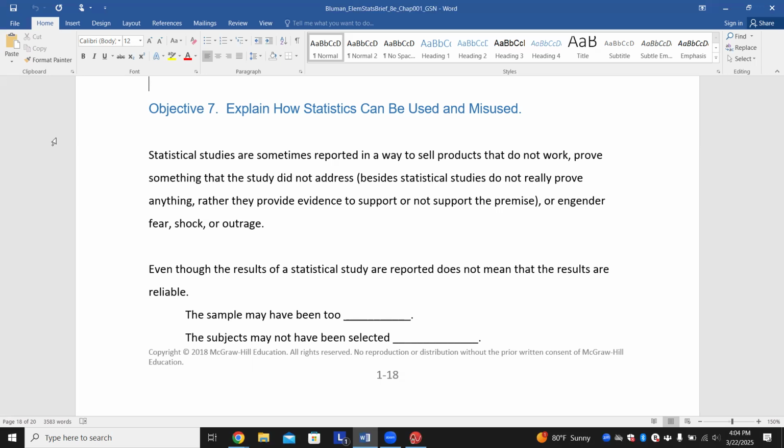All right. So a couple things to keep note of. The samples may have been too small, and this happens all the time, right? We see this on the news where one newscast, whatever, it's close enough, we'll say 70% of the people like the president, and on the next newscast, 70% of the people don't like the president, or whatever the concept might be.